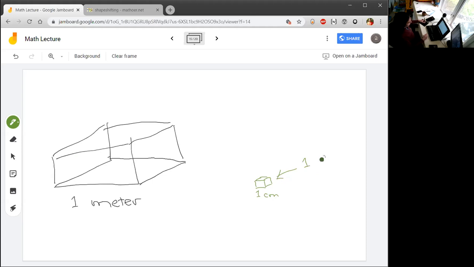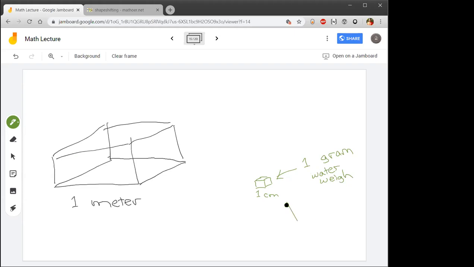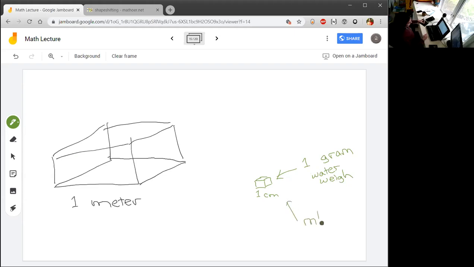If you fill it with water, it weighs 1 gram. And it's also a milliliter.